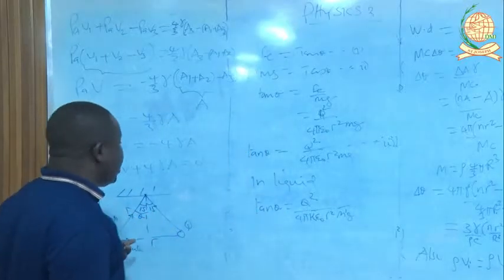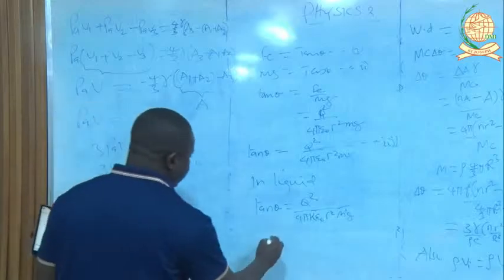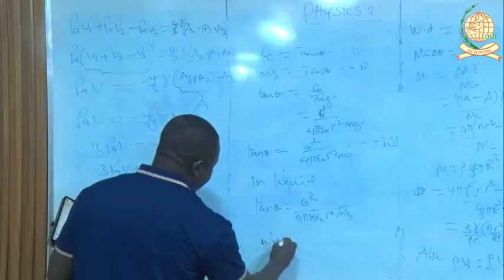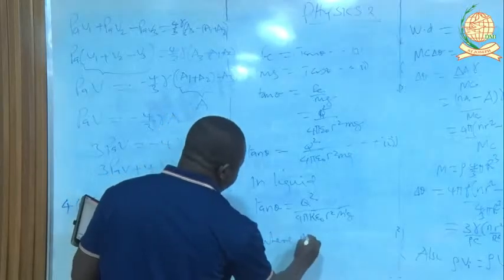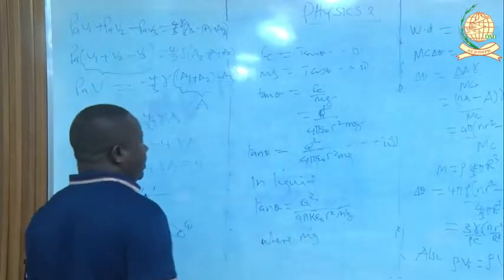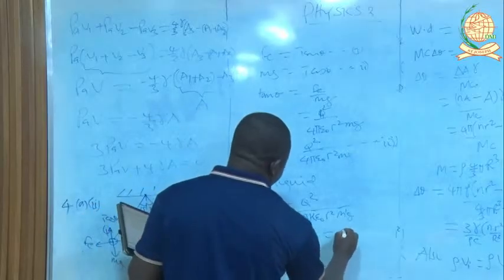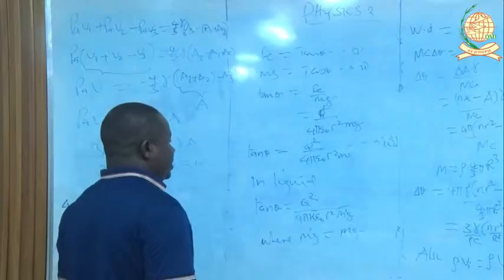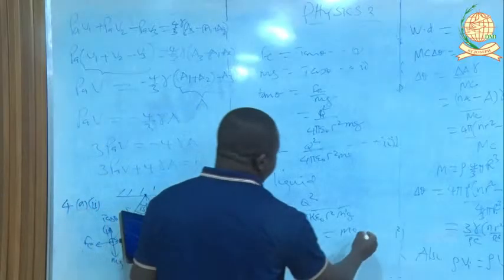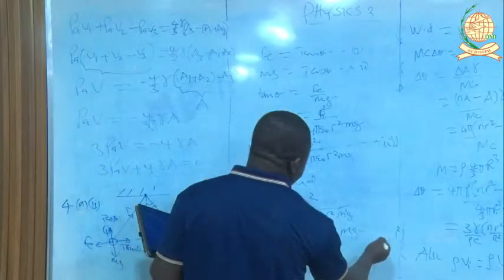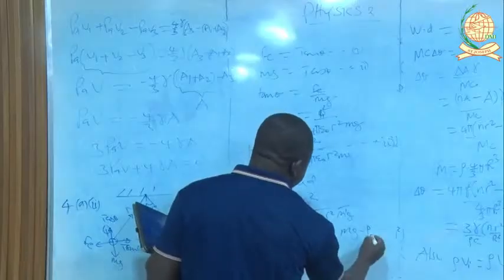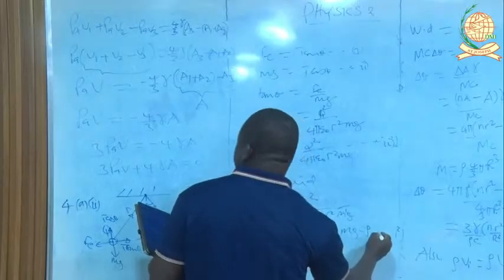So the question here, what is mg'? Where mg', this is the apparent weight, is equal to weight in air minus upthrust, where the upthrust is equal to the weight of liquid displaced. So it is the density of liquid displaced times volume.